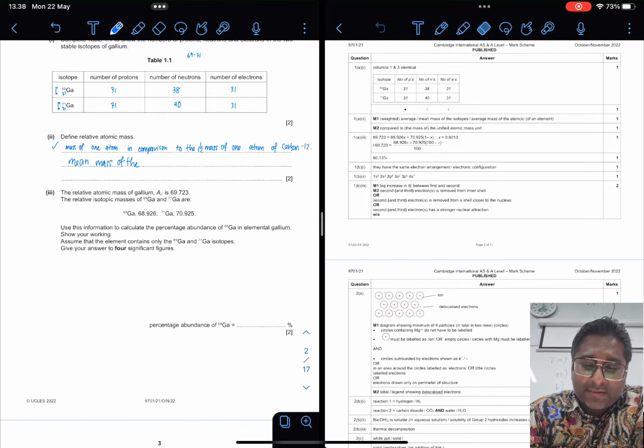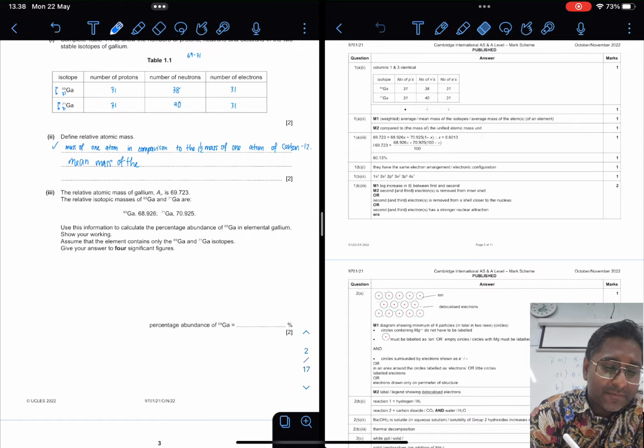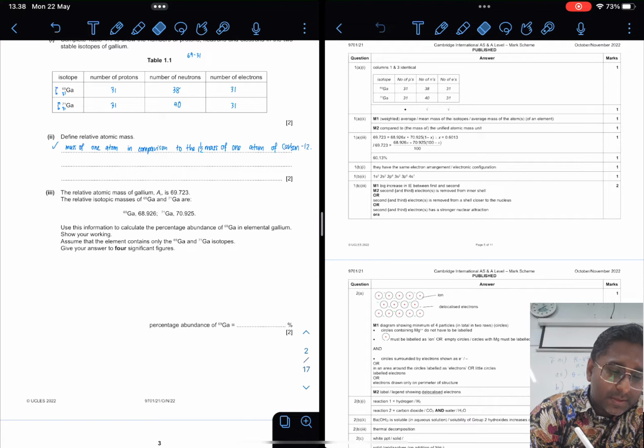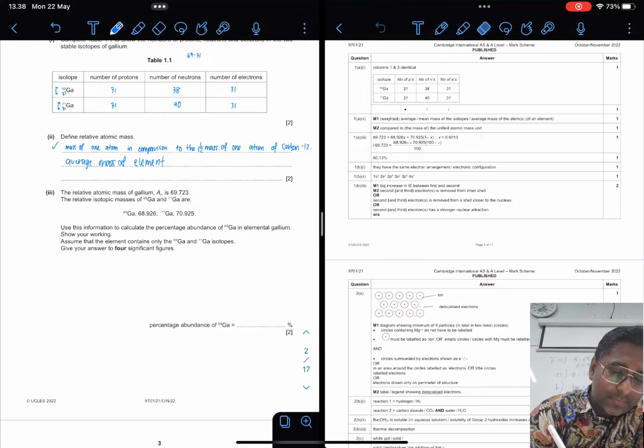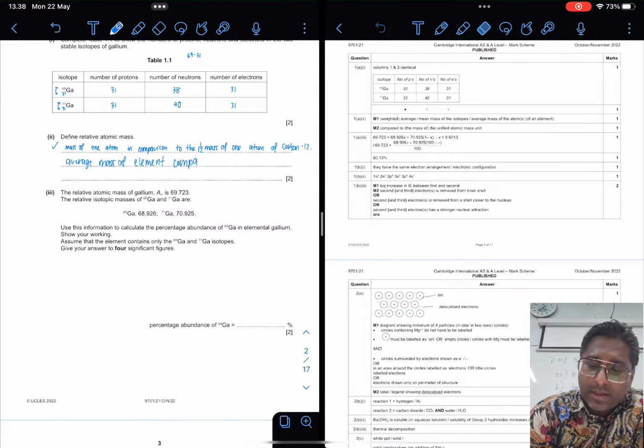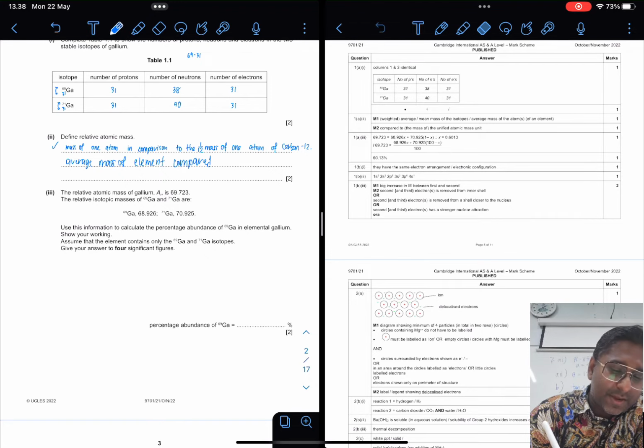The answer given here is more like the average mass of the element, because elements can have isotopes, compared to the unified atomic mass unit.